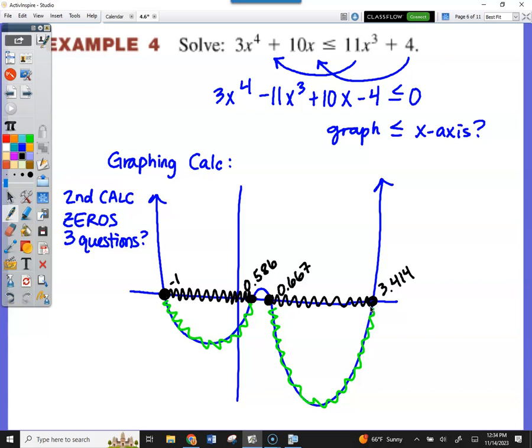So you do have two shaded sections. You would have two intervals. You do have or equal to, so it's closed. So your answer would look like this.